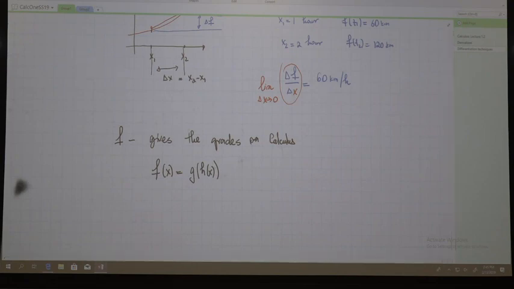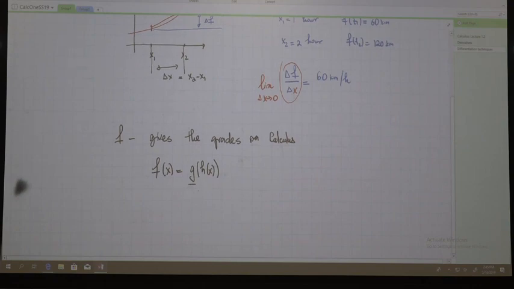Let's say g gives you the grade on calculus 2, h is the grade on calculus 1, and x is your performance or your understanding of the chain rule in calculus 1.